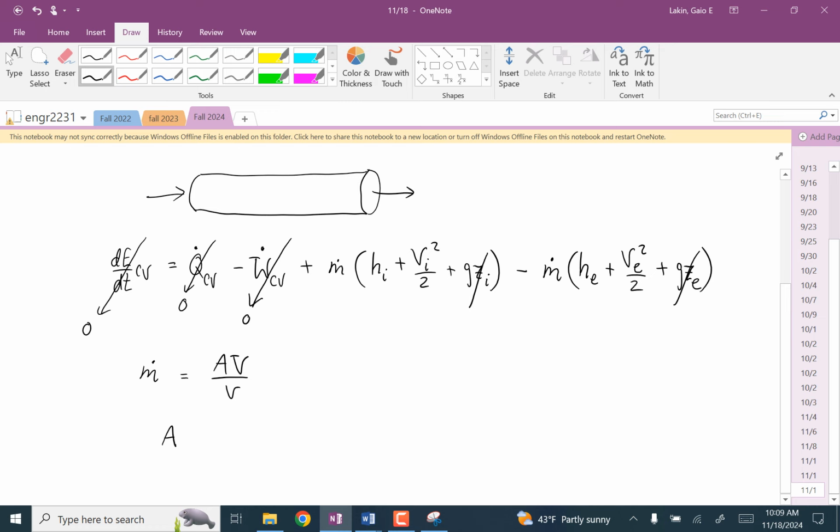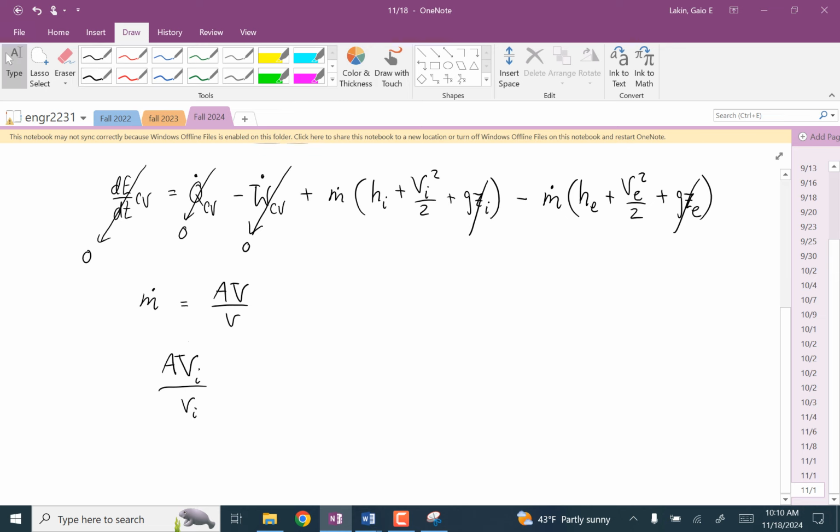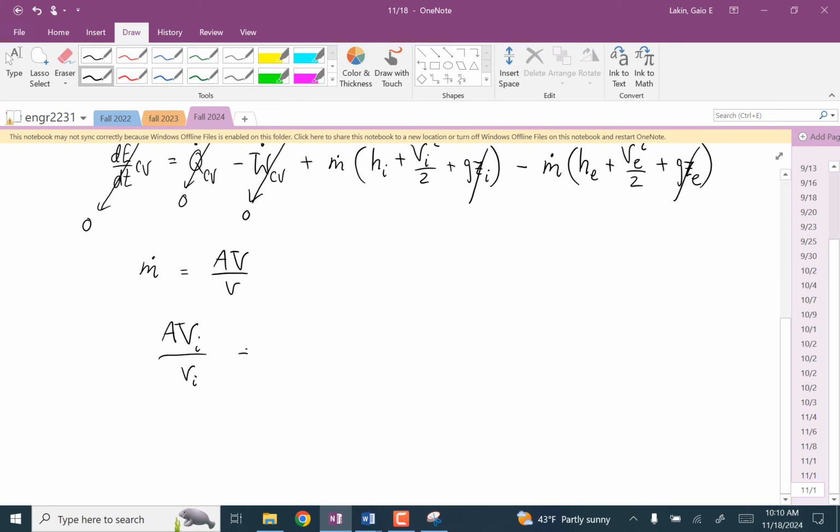So we know that the area, which is going to be the same for both of them, is equal to the velocity at the inlet divided by the specific volume at the inlet, and that's equal to A, V exit over little v exit.